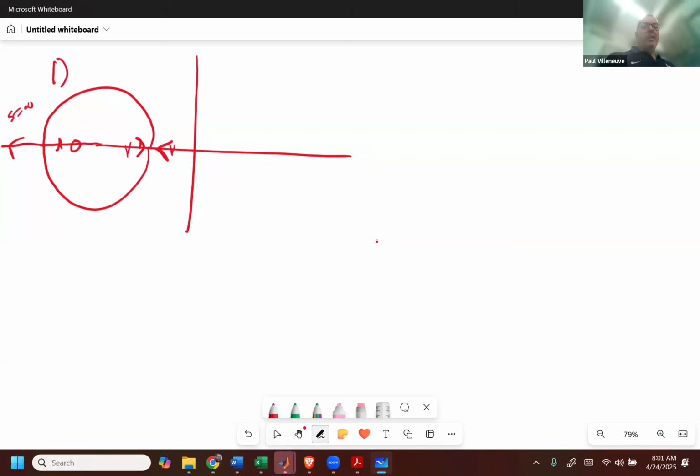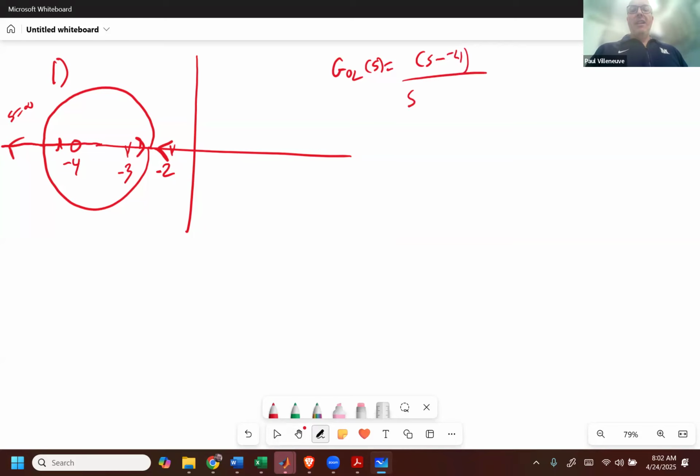You had a zero here at -4, a pole at -3, and another pole at -2. So all you have to do to find your open loop transfer function is, in the numerator, you subtract the finite zeros, and in the denominator, you subtract the finite poles.